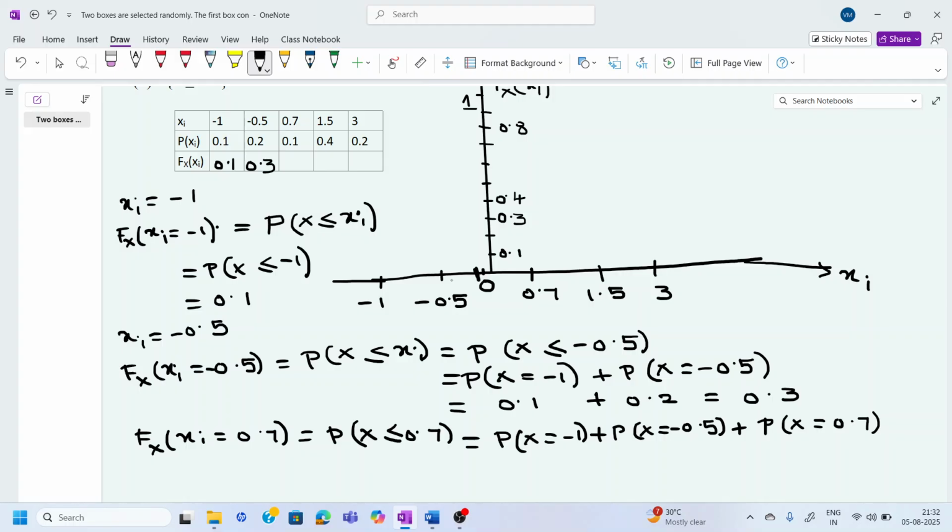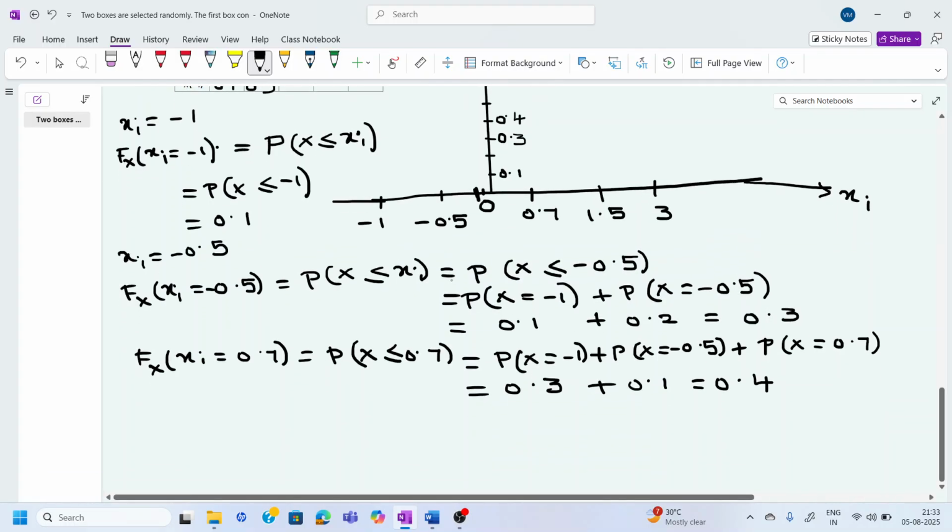In fact we can write this as Fx at -0.5, which we calculated as 0.3, since 0.1 plus 0.2 is 0.3, plus probability of x equal to 0.7. From the table it is 0.1. So 0.3 plus 0.1 is 0.4.